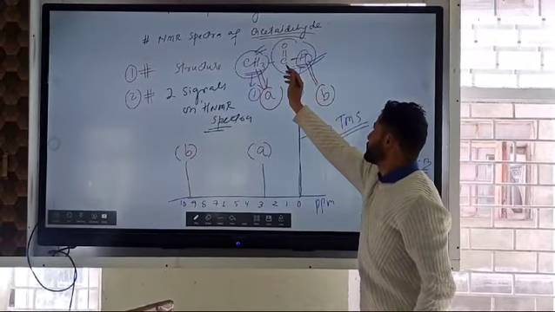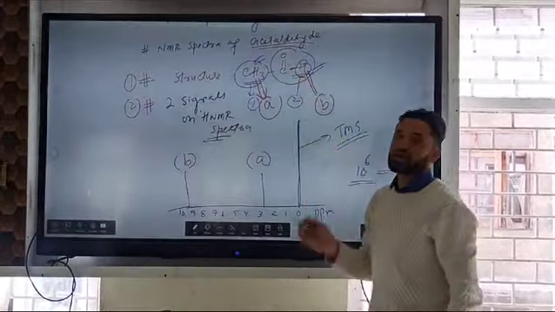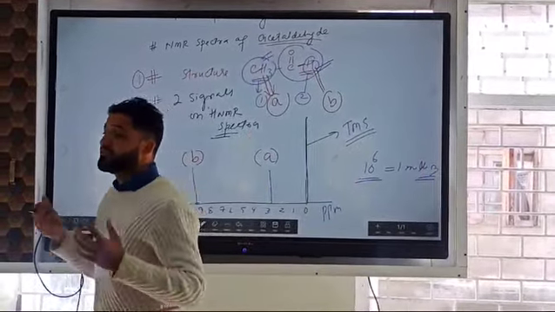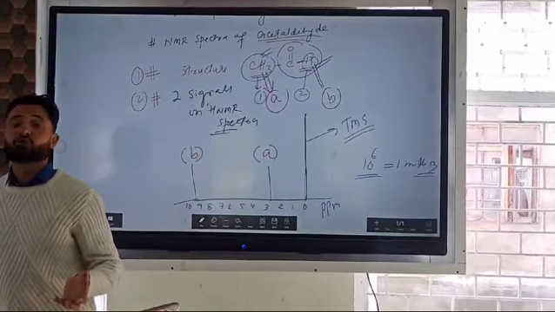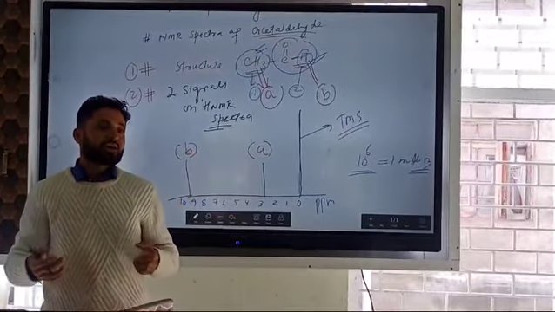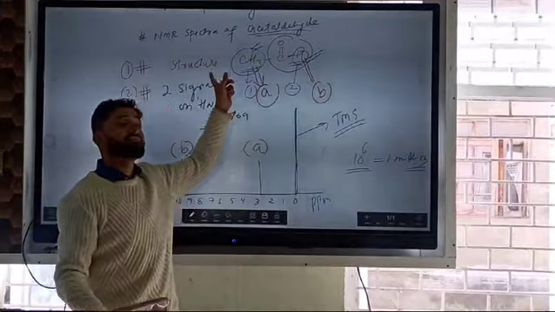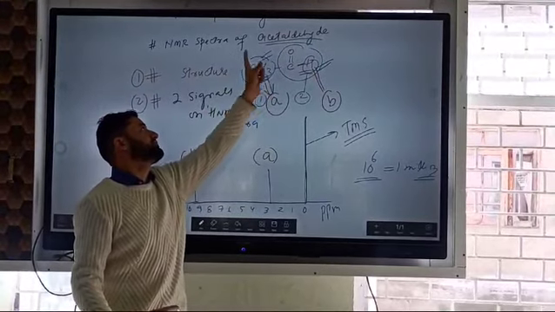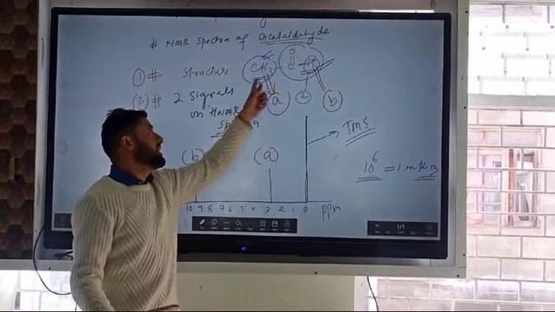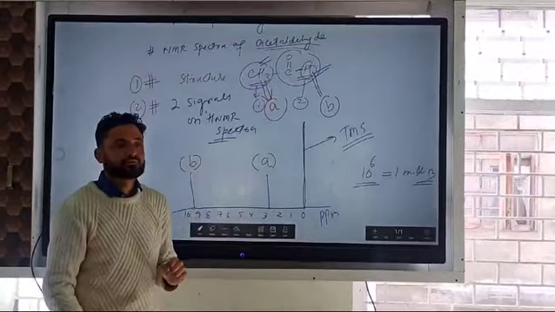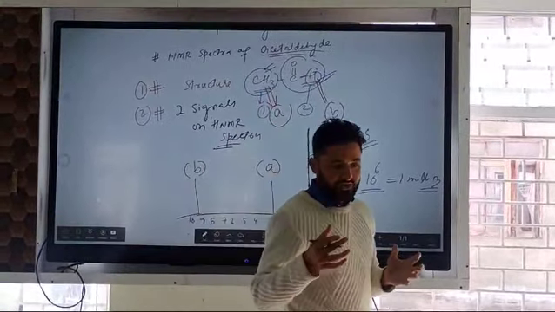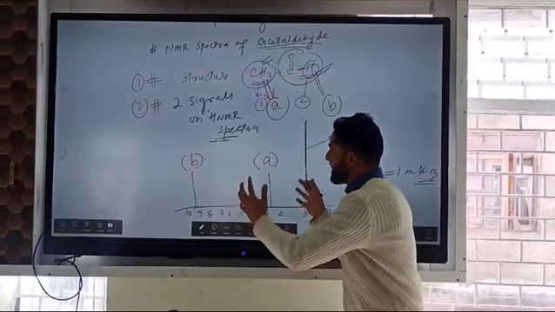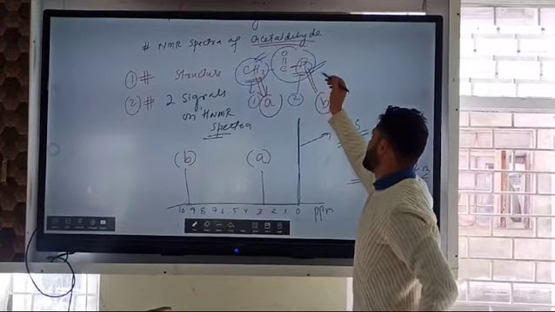When the electron withdrawing group takes all the density towards itself, this proton is basically naked, and it feels the external magnetic field to a greater extent as compared to the protons of methyl, which are not directly connected to the carbonyl group, but are directly connected to the carbon. Right? So basically, that is the reason for the big gap between the two. It is only because of this.